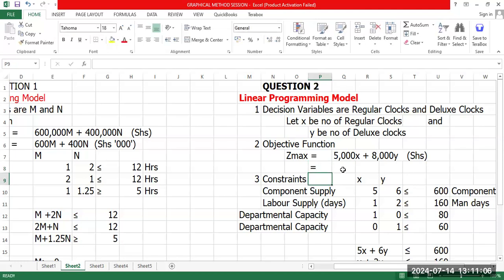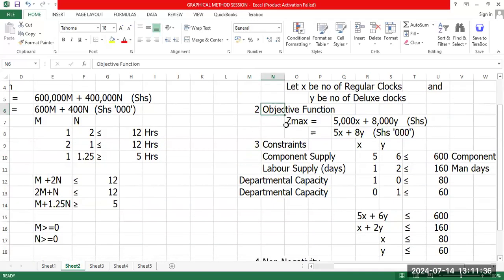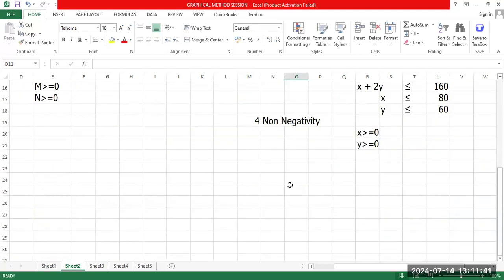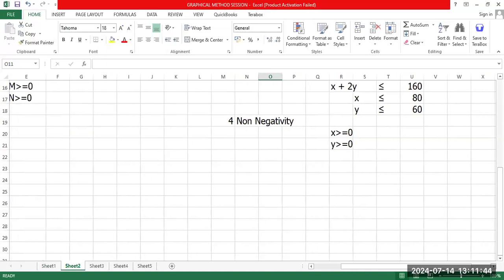Or if you want, you reduce and say this is 5X plus 8Y, and you keep 1,000 in brackets. Perfect. That is question 2.